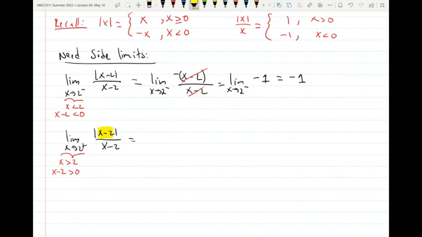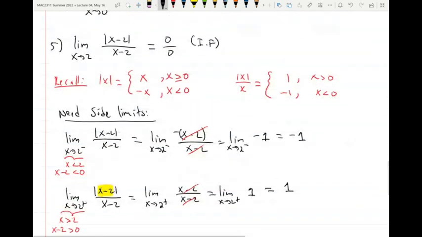Okay, so x minus 2 is positive in this case, so can we remove the absolute value without doing any changes? Yes, because the stuff is positive anyways. So there's no need for an absolute value. And so now this becomes just 1. And what is its limit? 1. Okay, so these are our side limits.